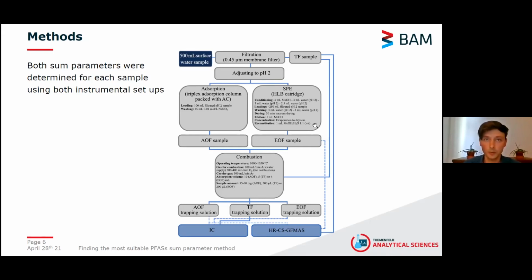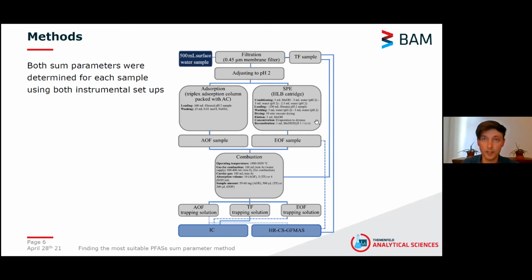Both procedures were optimized in previous studies by Wagner et al., respectively by Metzger et al., and both take about the same amount of time for the sample preparation. The activated carbon and an aliquot of the extract were combusted and formed HF, which was trapped in a phosphate buffer solution.